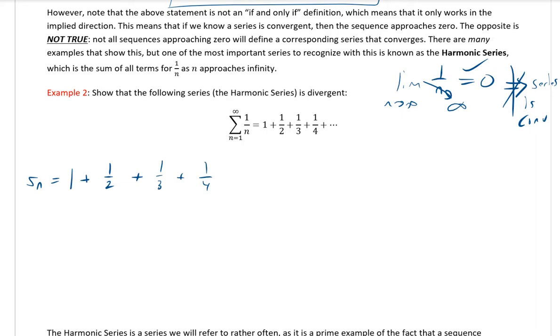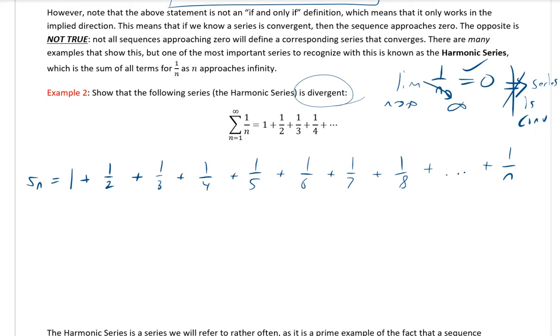I'm going to go up to maybe the 8th term, and if I'm going up to n, that means I'm eventually going up to 1 over n. So far, it looks like I'm progressively adding less and less every time, but I'm trying to show that this is divergent, which means that this eventually goes to infinity, which seems weird.